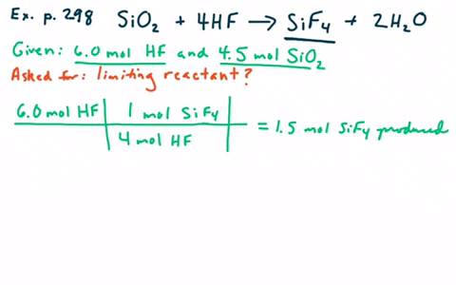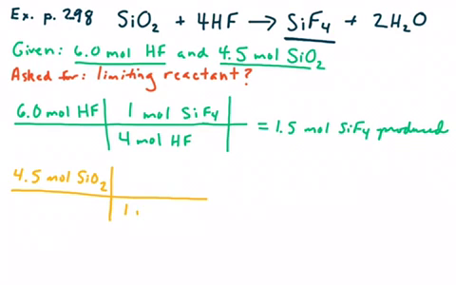Now let's repeat the same thing, except this time doing it with the silicon dioxide. Again, we'll start with the amount that we were given, 4.5 moles of silicon dioxide. Now we're going to find out the amount of product it would make by using the mole ratio.